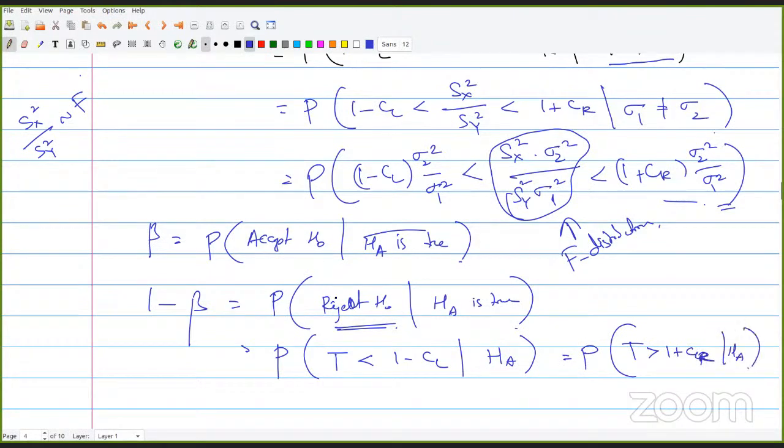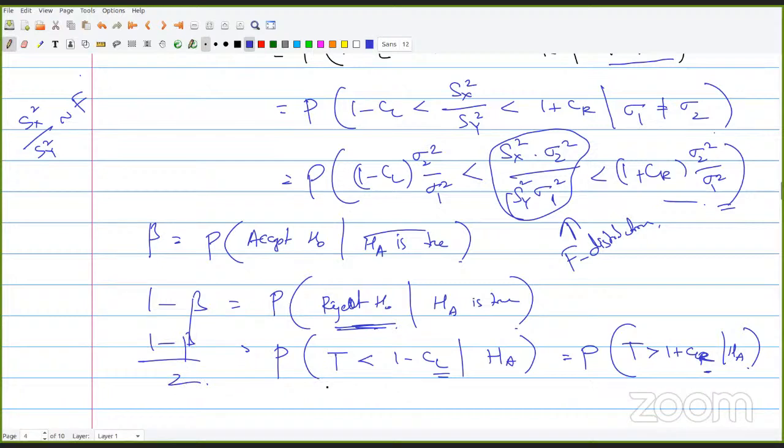The probability of rejection on the left side and the right side are both equal, so that is what we are doing above, and that is why we get CL and CR differently. So both will be equal to half of 1 minus beta.